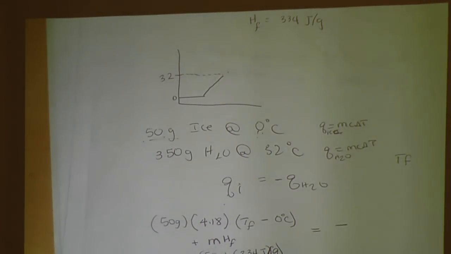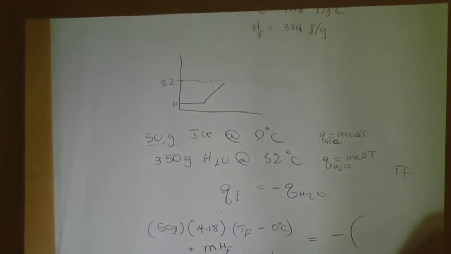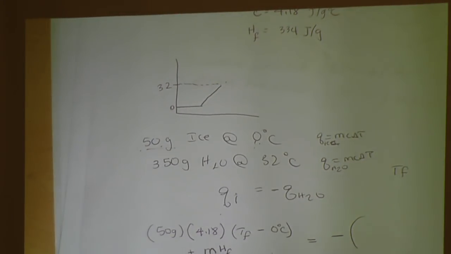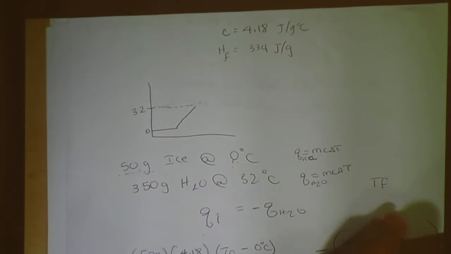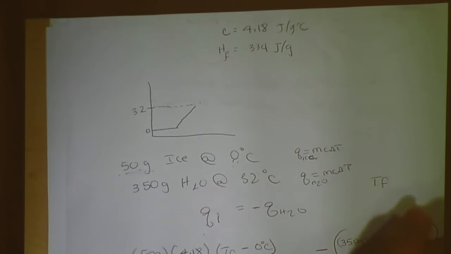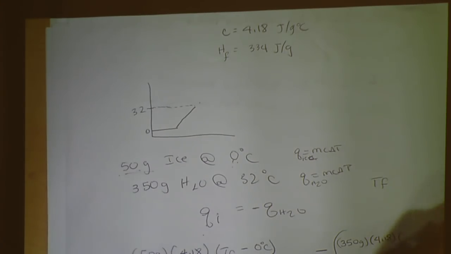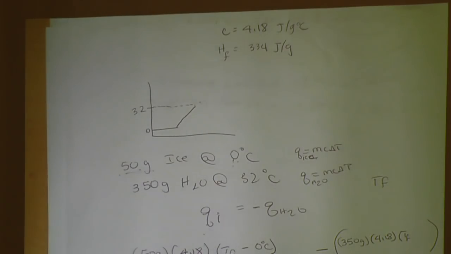And then you set it equal to that. Always put the minus on the outside and put everything else in parentheses so you remember that the minus is distributed on everything. So here it's, again, 350 grams times C, which is 4.18, times TF, which is the final temperature that it's trying to reach.